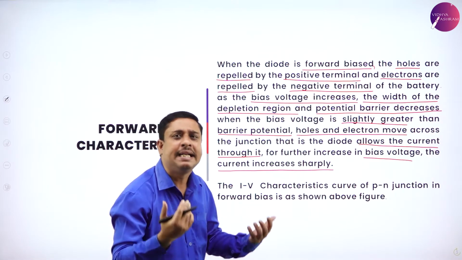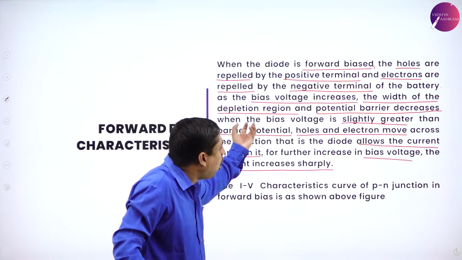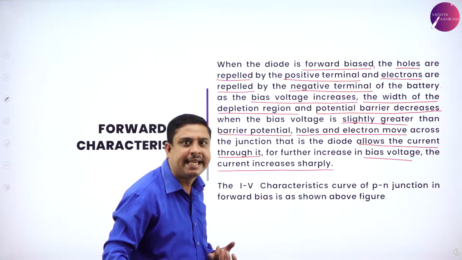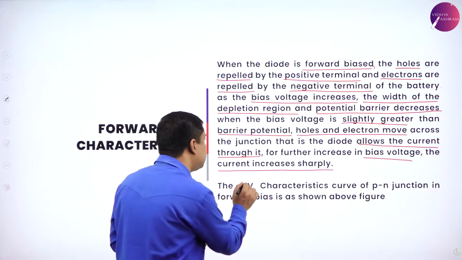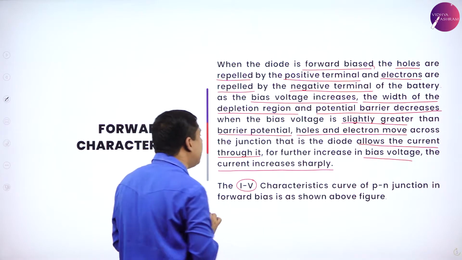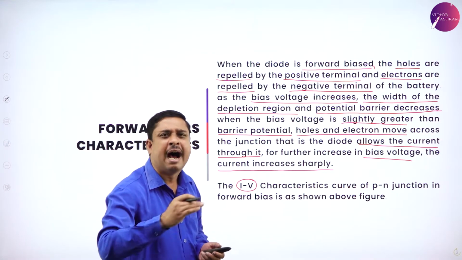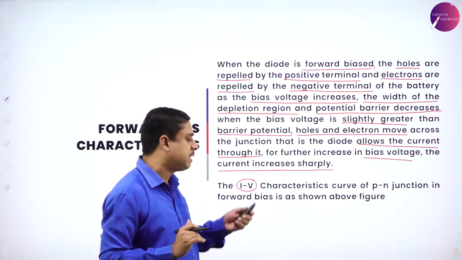What do I understand by this? To go to the physical meaning of the working, I will understand the IV characteristics curve. I means current, V means voltage.